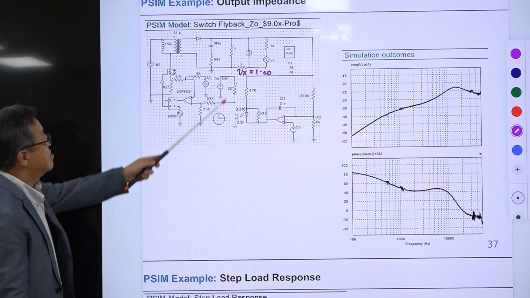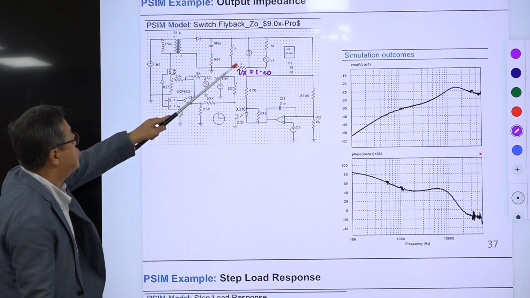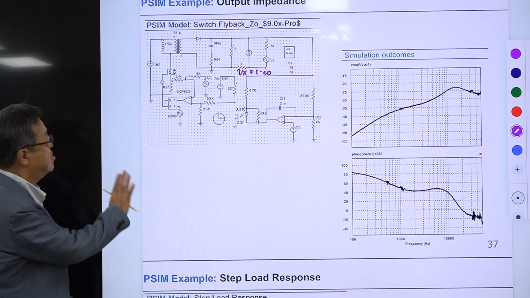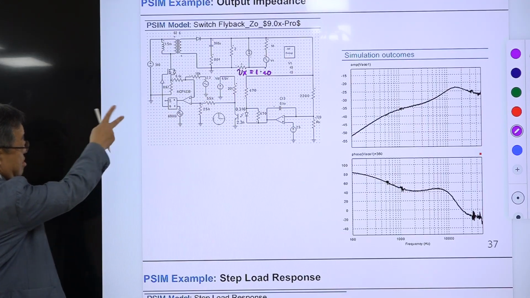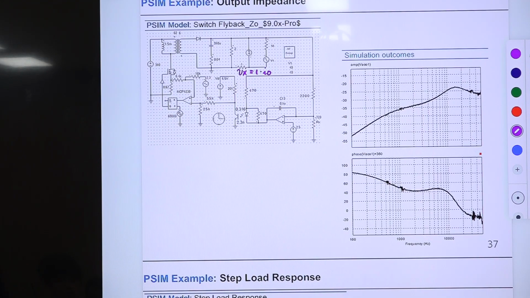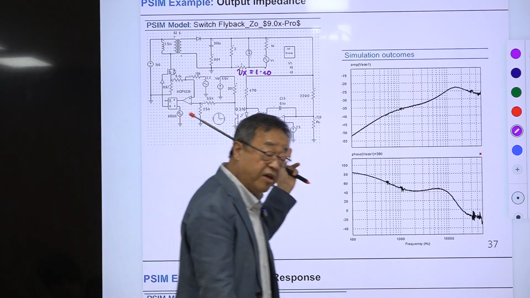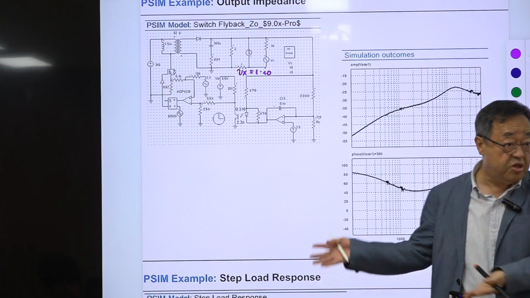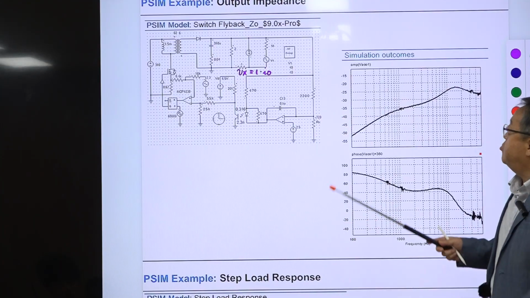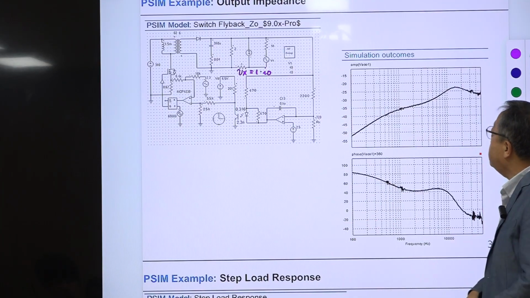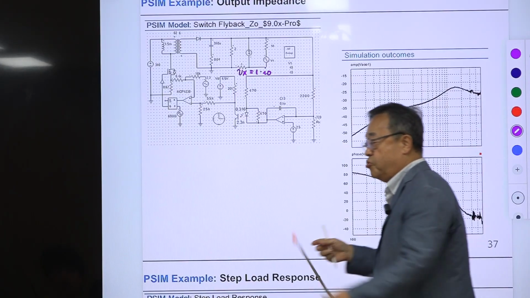I won't go through the details about this, but you can similarly understand why this setup measures the output impedance, and this is the output impedance measured in simulation. If you measure these things with hardware, you can use the same setup, then you will measure something very similar to this.